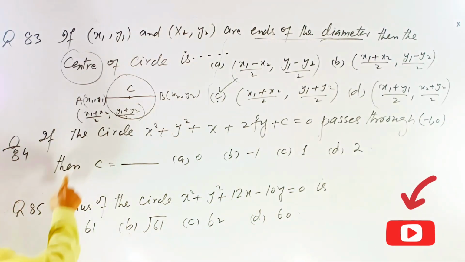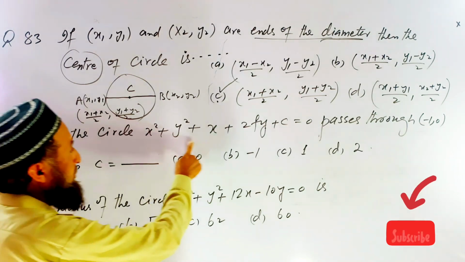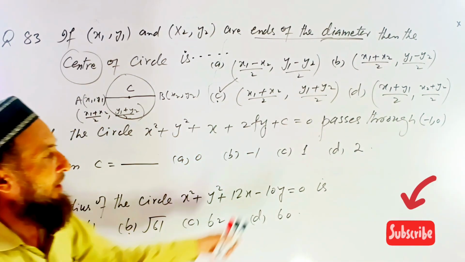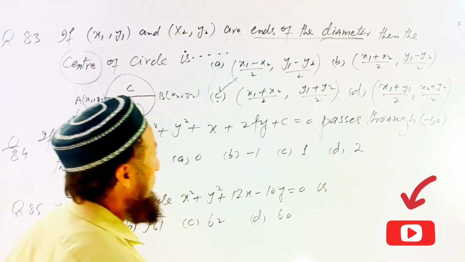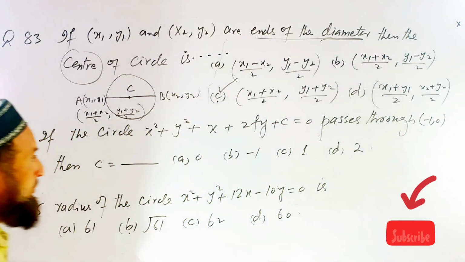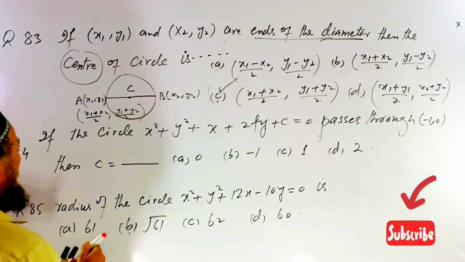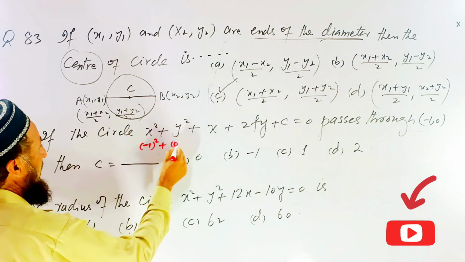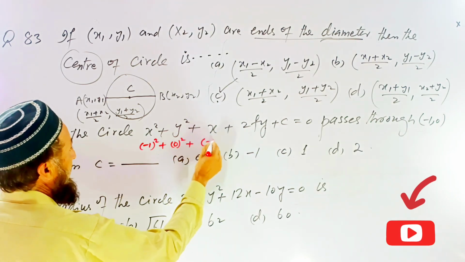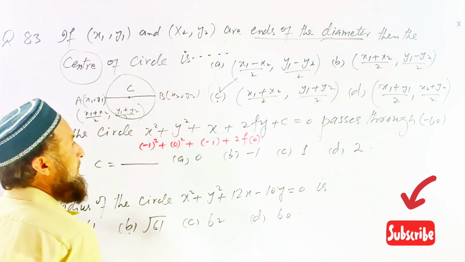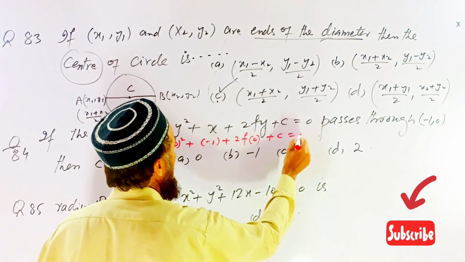Question number 84. If the circle x square plus y square plus x plus 2fy plus c is equal to 0 passes through the point, it means that the value of x is minus 1 and y is equal to 0. If we substitute, what is the result? Minus 1 square plus 0 square plus minus 1 plus 2f into 0 plus c is equal to 0.